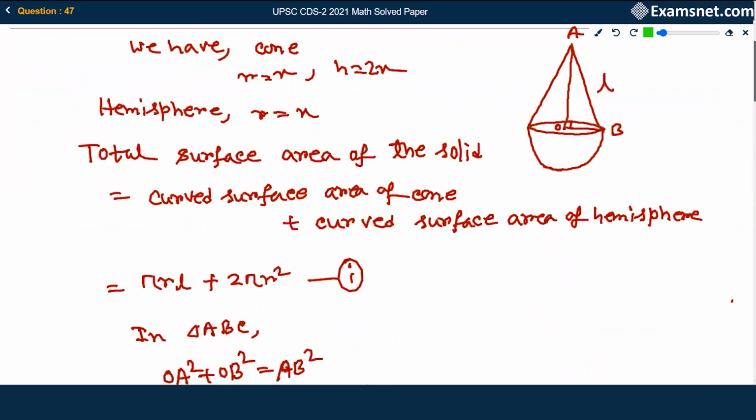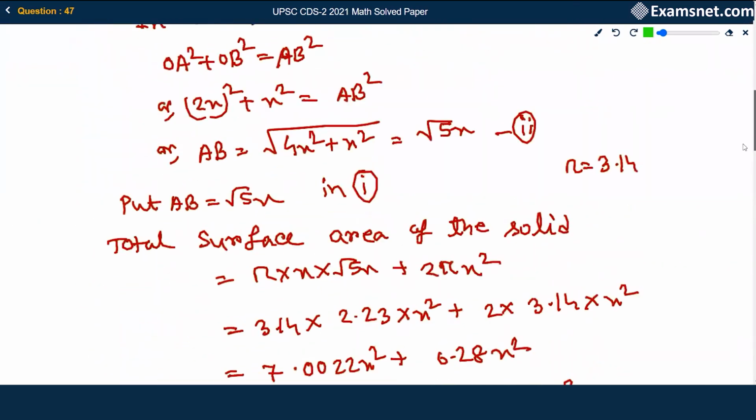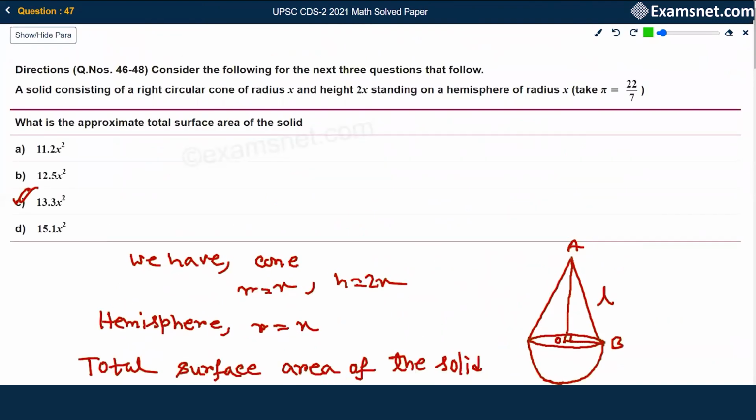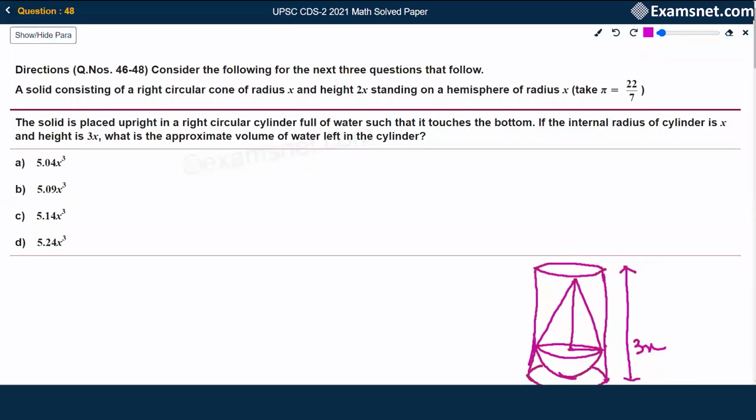Let's have a look at the next question. In question number 48, it is given that the solid is placed upright in a right circular cylinder full of water such that it touches the bottom. If the internal radius of the cylinder is x and height is 3x, what is the approximate value of water left in the cylinder?